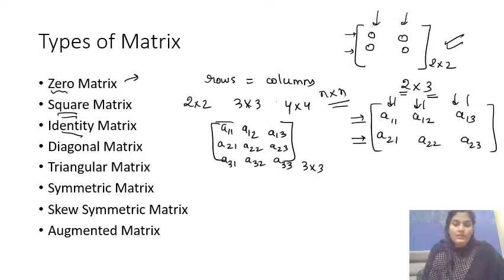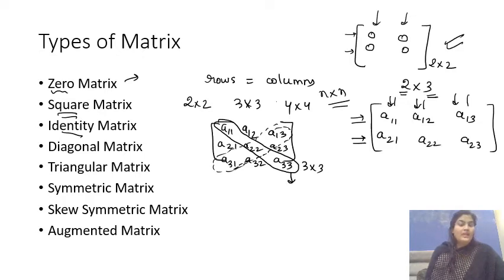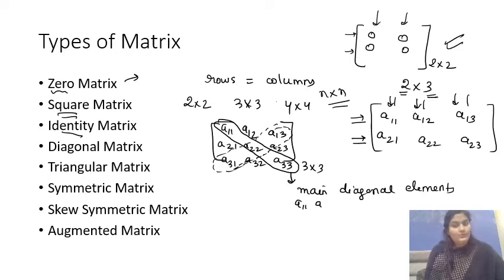Now, if I ask you what are the diagonal elements, so these three are one set of diagonal elements, and another diagonal we can say is this one. Now, this A11, A22, and A33 are main diagonal elements. This is the main diagonal. What are the elements which are involved in it? A11, A22, and A33.